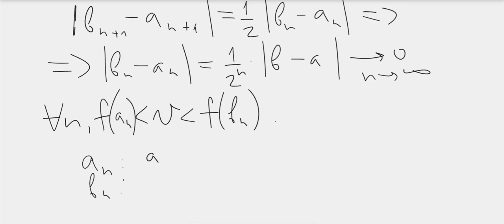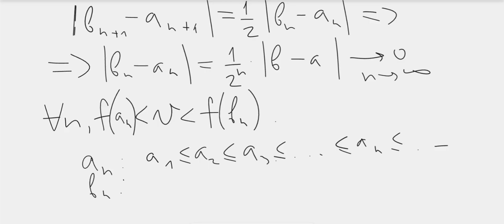So a1 is less or equal than a2, less or equal than a3, and so on, less or equal than an, and so on.